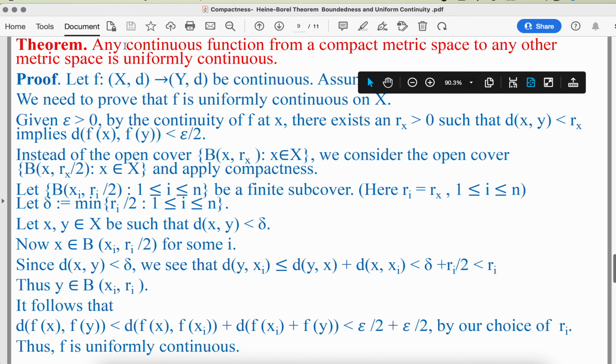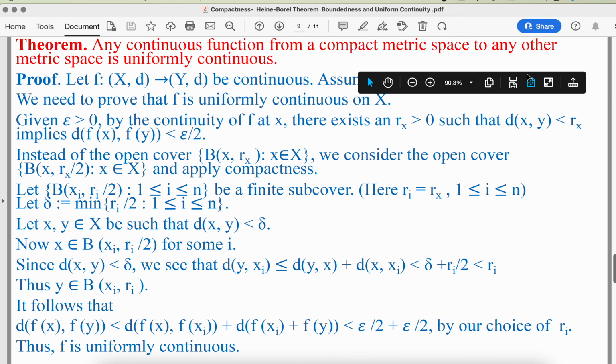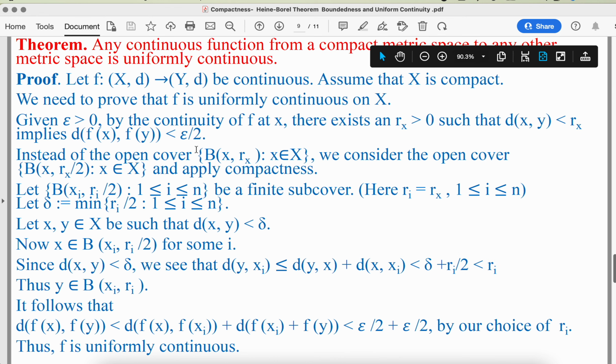Now one more theorem: any continuous function from a compact metric space to another metric space is uniformly continuous. Suppose f is a mapping from X to Y, continuous, and suppose X is compact.